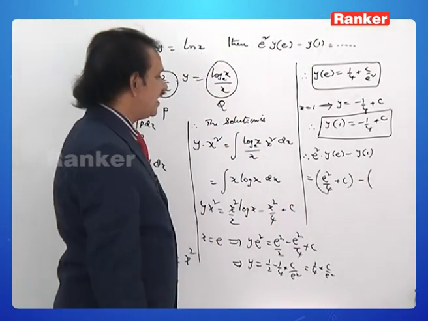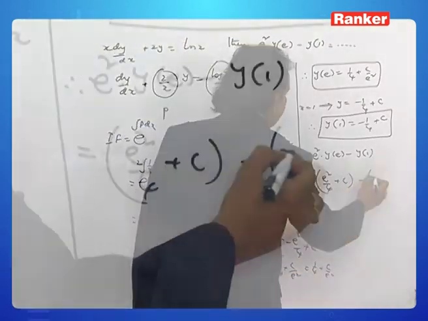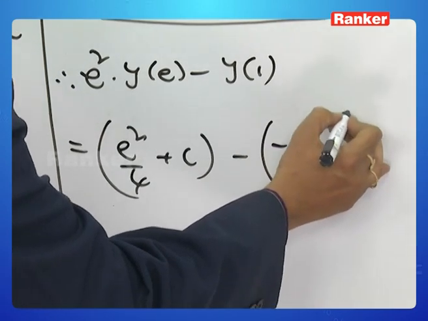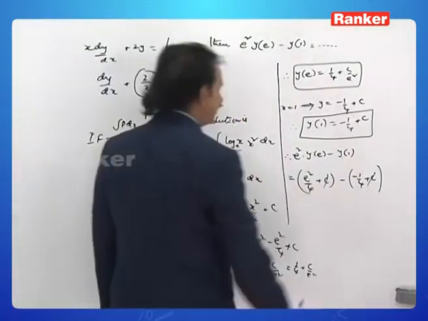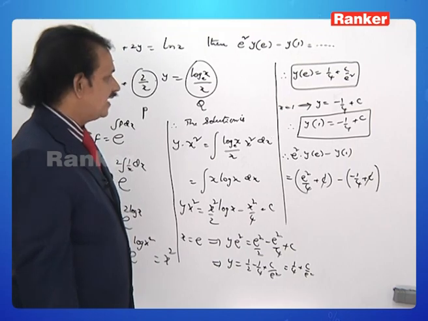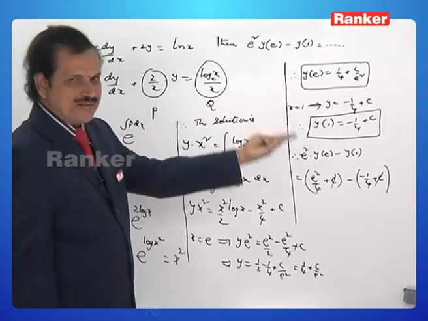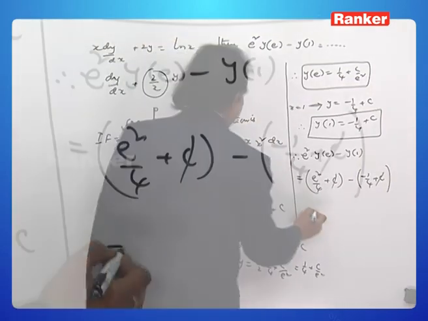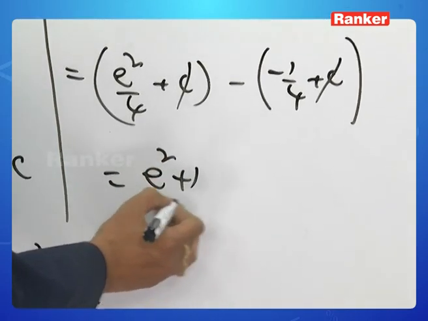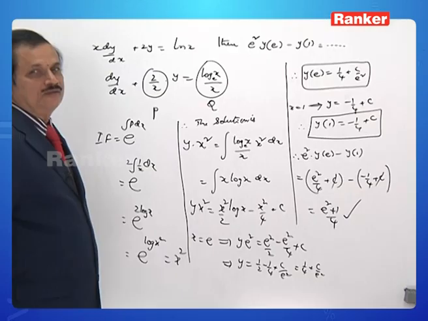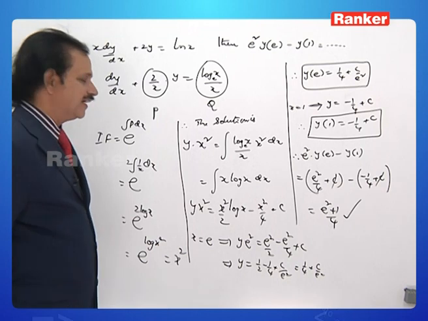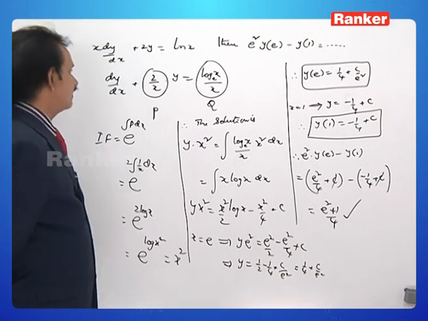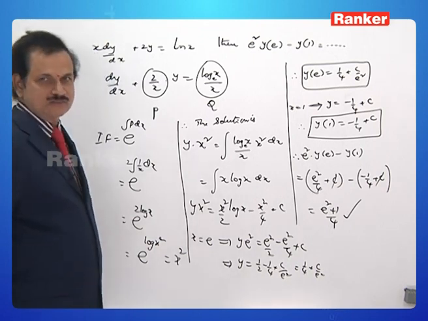What is y at 1? Minus 1 by 4 plus c. C and c will go away. So that the answer is e square by 4 plus 1 by 4. What are you going to get? E square plus 1 by 4 is the right answer. Beautiful question. One of the standard questions.